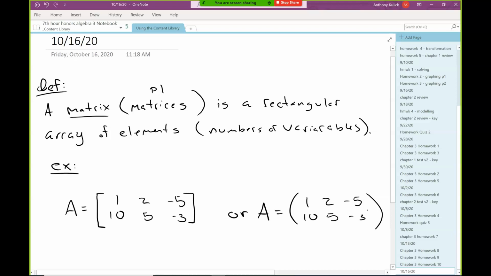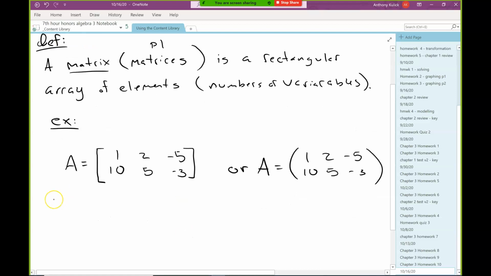So if I look at this matrix A that I've written up, one thing we might want to be able to do is describe the shape of the matrix. The way that we'll describe that is with something called its dimension. If you're going to describe the shape of this matrix, how would you describe this?